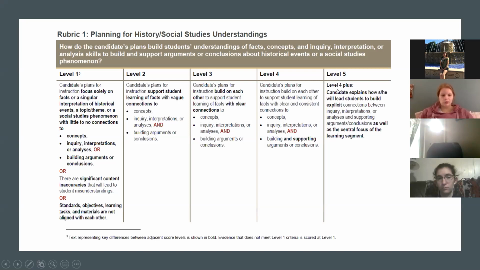Level 5 is level 4 plus. So you're doing all of these things, and the candidate explains how she will lead students to build explicit connections between inquiry, interpretation, or analysis, and supporting argument conclusions, as well as the central focus of the learning segment. So it's going back to that central focus and talking about what I want students to know and be able to do.